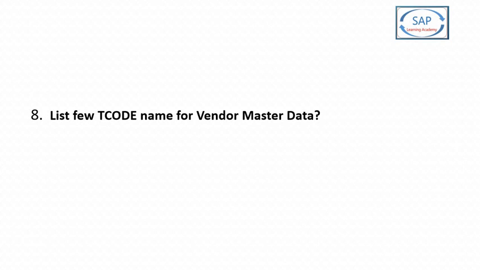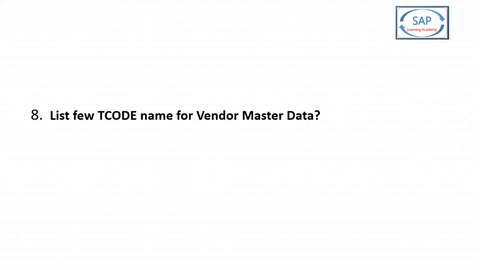Next is to list a few of the Tcode names for vendor master data. It is also very important to know what Tcodes are available for vendor master data. One we can say is XK01. If you want to create a vendor centrally, then you can use this Tcode.